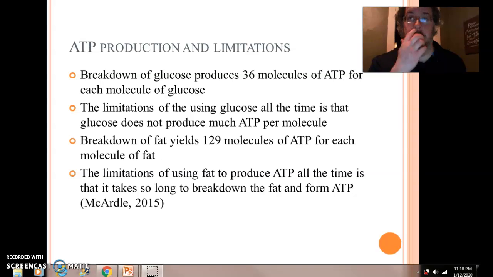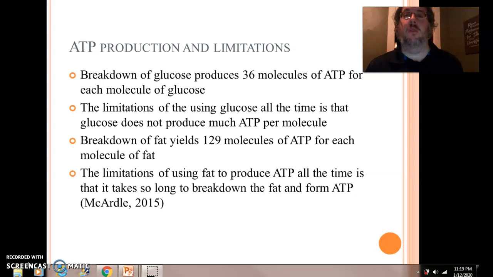As I stated before, the breakdown of glucose only yields 36 ATP molecules for each molecule of glucose. And while the glucose is easier for the body to break down, it has its limitations, mainly in that it has such a small yield of ATP.